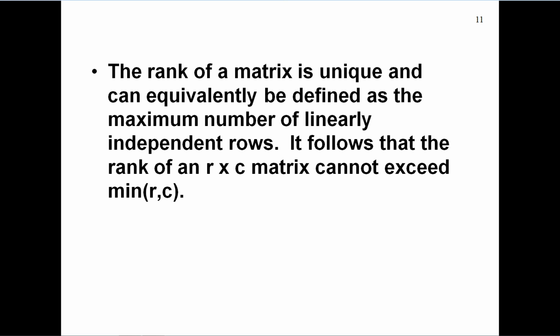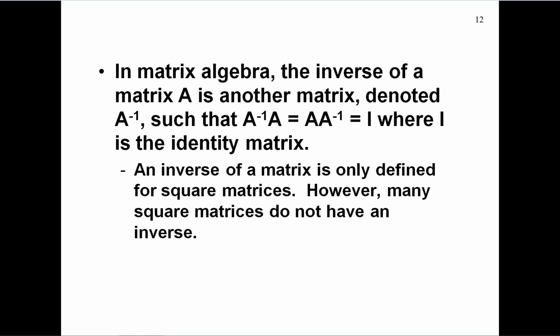The rank of a matrix is unique. It can be defined as the maximum number of linearly independent rows. So if it can be defined as the maximum number of independent rows and the maximum number of independent columns, then clearly the rank of a matrix cannot exceed the minimum of the number of rows or the number of columns. Just think about that for a few minutes.